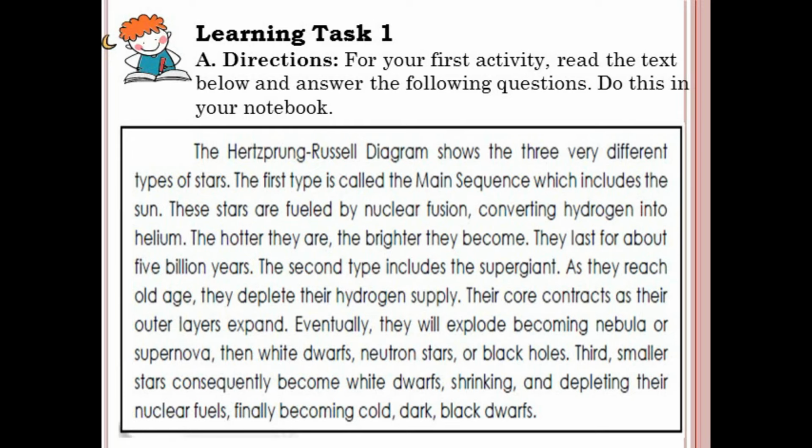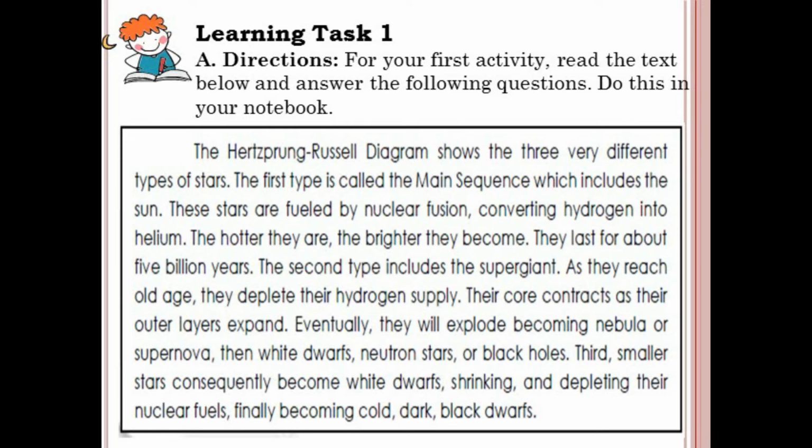The second type includes the supergiant. As they reach old age, they deplete their hydrogen supply. Their core contracts as their outer layers expand.